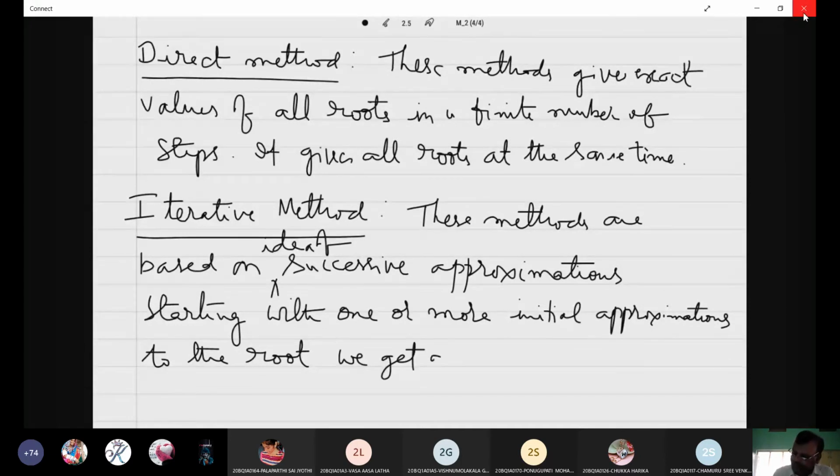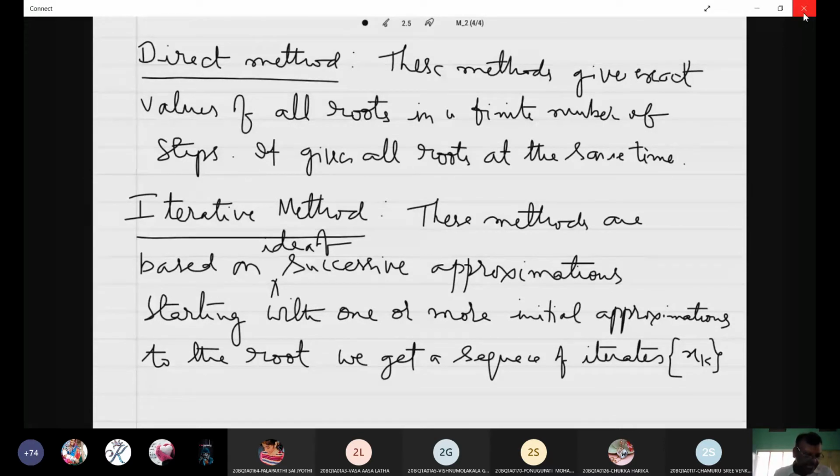That is, we write the sequence like this, in brackets xk: k equal to 1 gives x1, k equal to 2 gives x2, k equal to 3 gives x3. ఫస్ట్ అప్రాక్సిమేషన్ x1, సెకండ్ అప్రాక్సిమేషన్ x2, థర్డ్ అప్రాక్సిమేషన్ x3. That is the meaning of sequence of iterates.